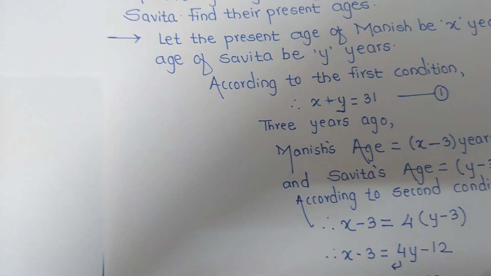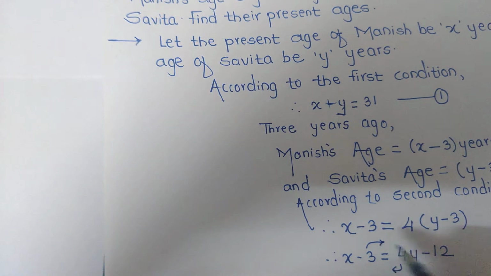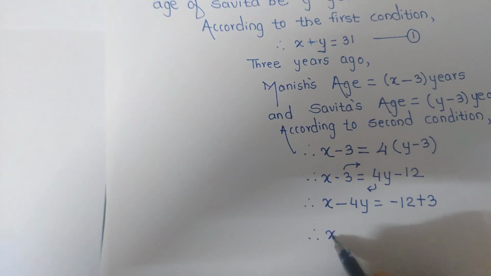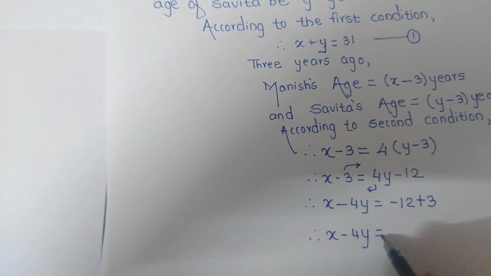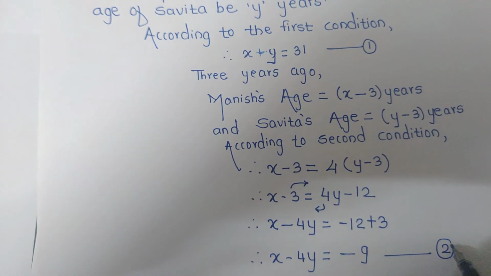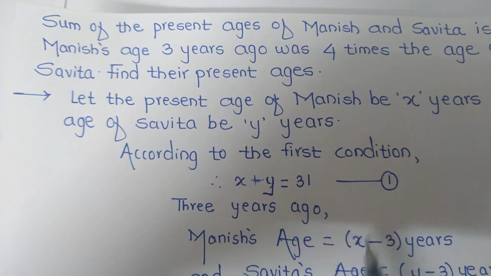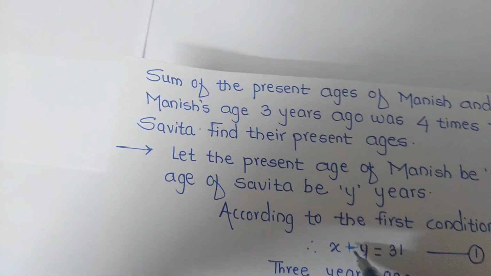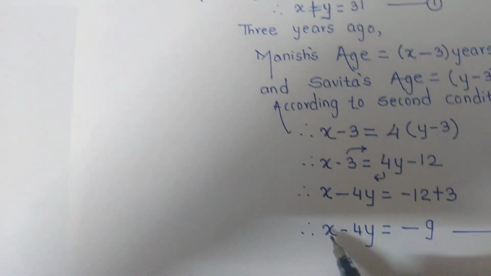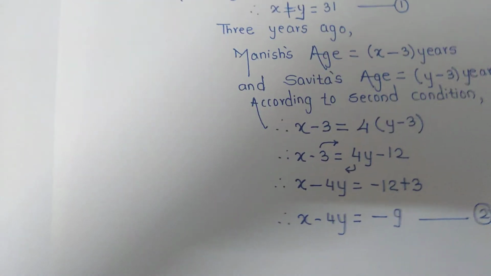Minus 12 at its place. Minus 3 will be transferred to the other side. It will become plus 3. So therefore x minus 4y is equal to minus 12 plus 3, that is minus 9. This is equation 2. From the first condition we got the equation x plus y equal to 31. From the second condition we got the equation x minus 4y equal to minus 9.